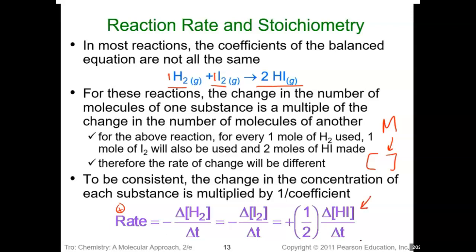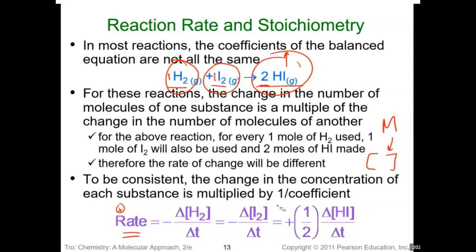But HI is a product, so products are increasing, so this will be a positive number, 1/2, because remember, all of these are equal to each other. They all have the same rate. We can express this rate with regards to H2, I2, or HI. It will be the same number. And so therefore we need to correct for having this coefficient of 2, so we multiply it by 1/2.